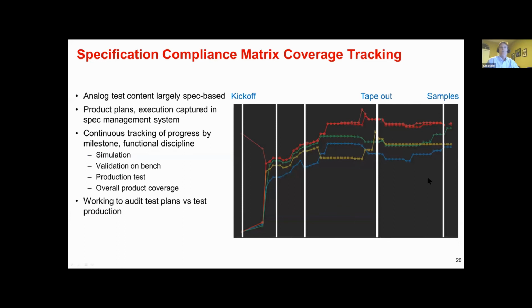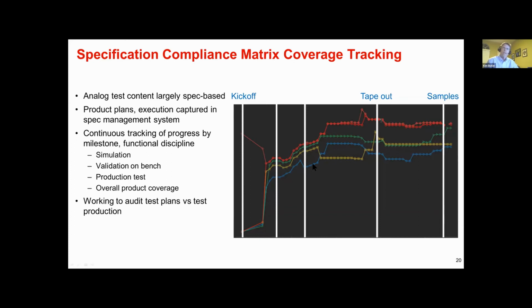This is a totally different example in a completely different domain. So now think about analog product design. And we have a specification compliance matrix system that we capture this information about what specifications are critical to the part that are going to wind up on the data sheet, which ones we're going to measure in verification, in silicon validation, and in production test.